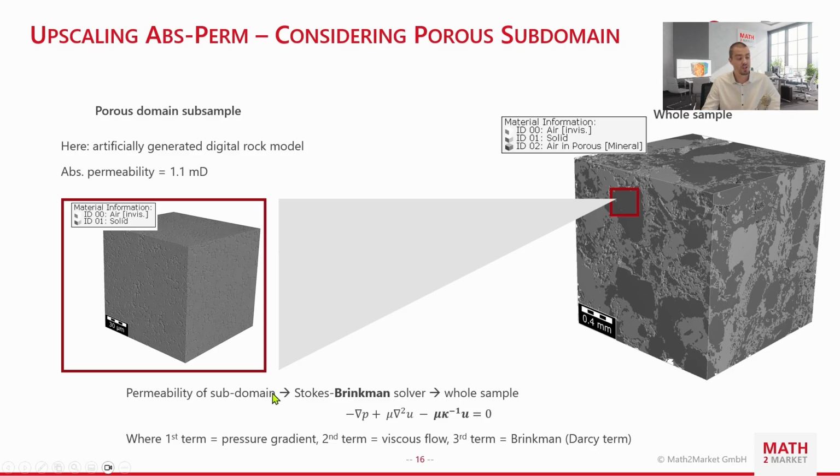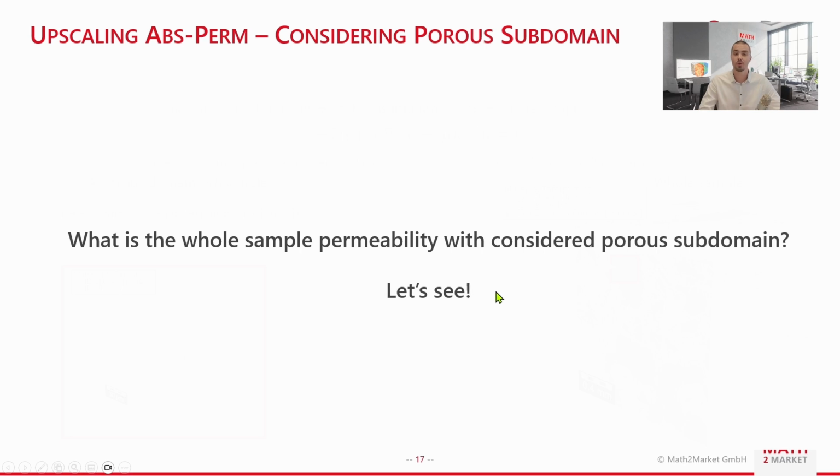Then by using the Stokes-Brinkmann solver, we could basically populate the unresolved microporous phase in the whole sample to predict the absolute permeability for the whole digital rock model. And yeah, now the question is, what's the effect that those microporous subdomains can have on the actual permeability predictions?